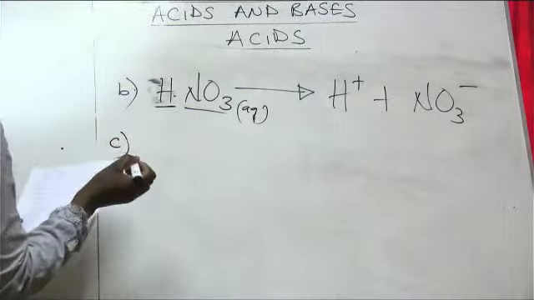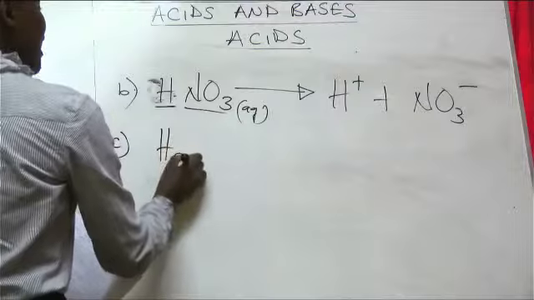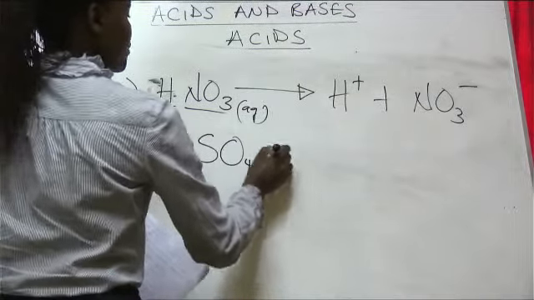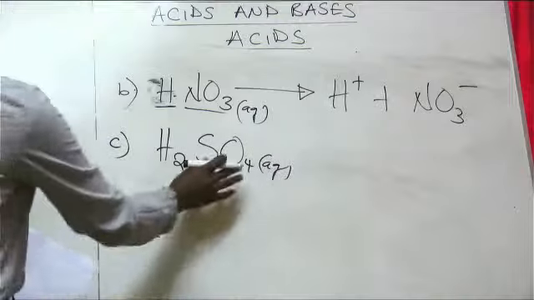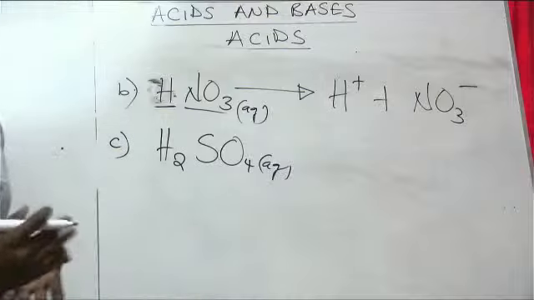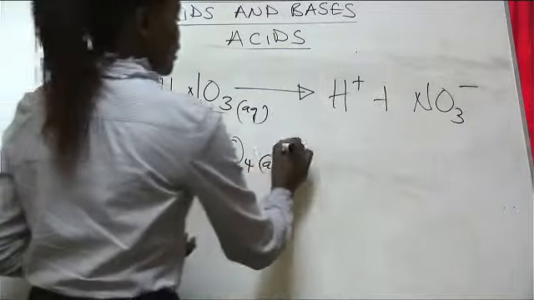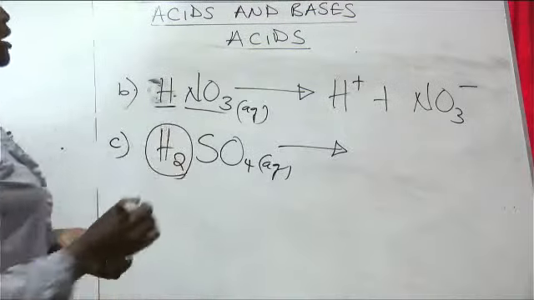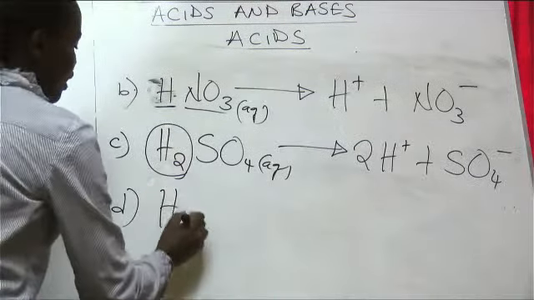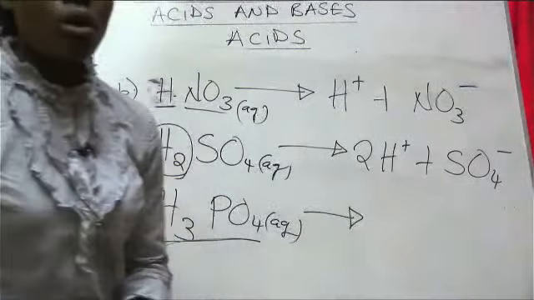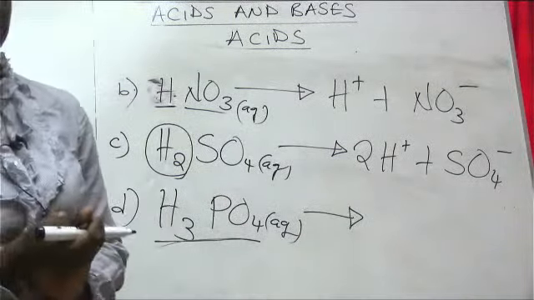We have sulfuric acid. Sulfuric acid is written like this. When we ionize sulfuric acid, we form ions. What will be left? Let's form ions. So as long as it remains easy while you are at home. Phosphoric. Not all acids are dangerous.